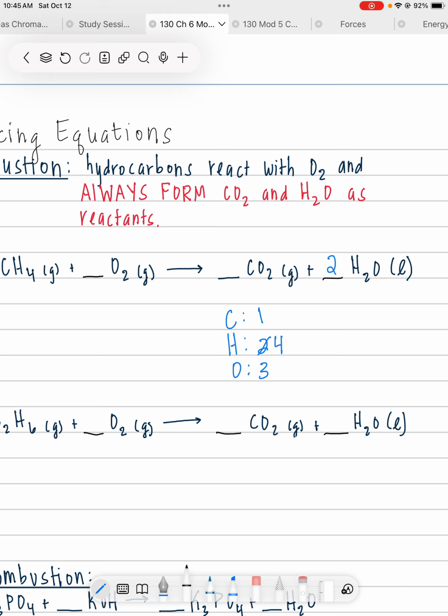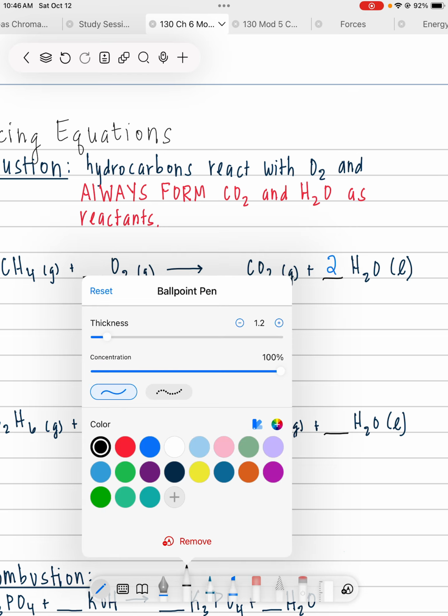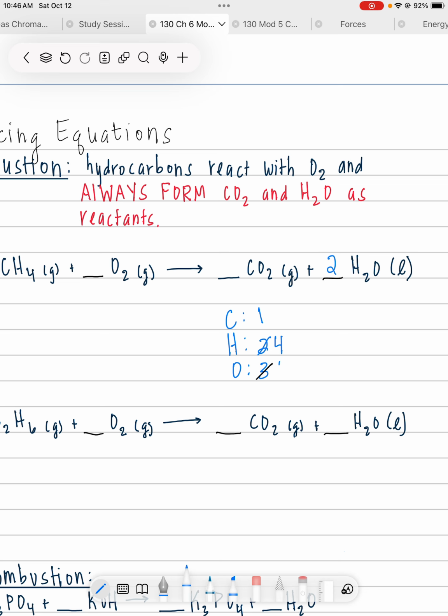So if we were to multiply 2 times 1, we would get 2. And then we already have 2 right here. So what's 2 plus 2? We have 4. Now we have 4 oxygens.